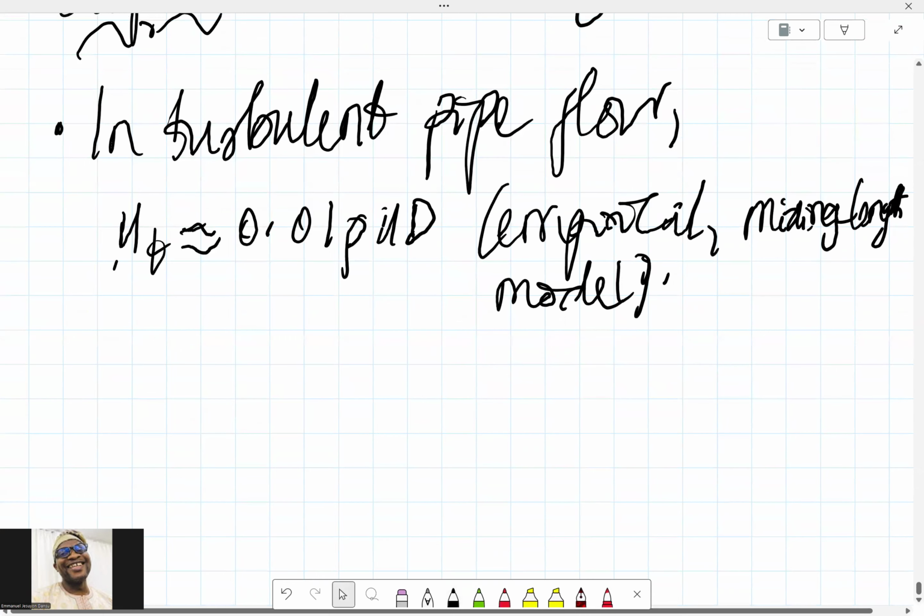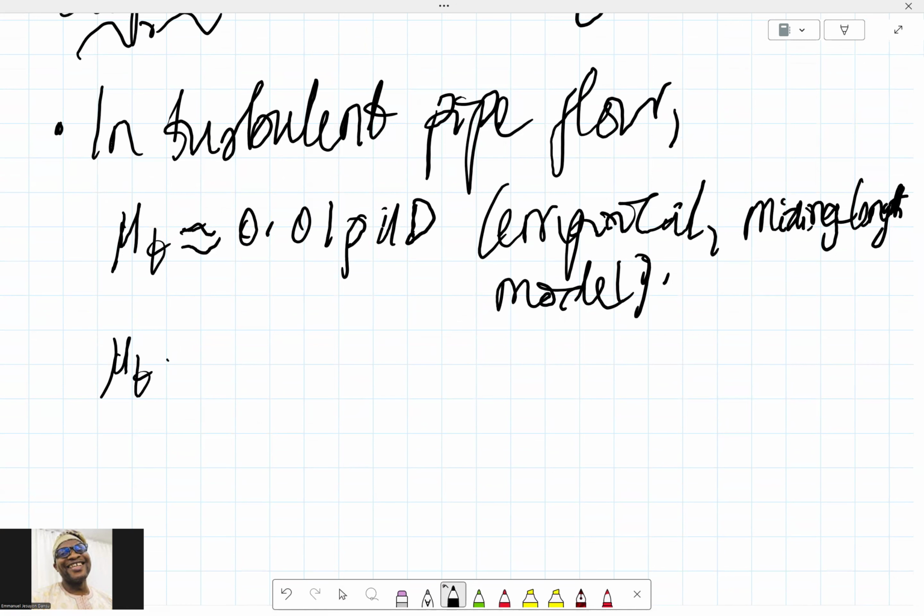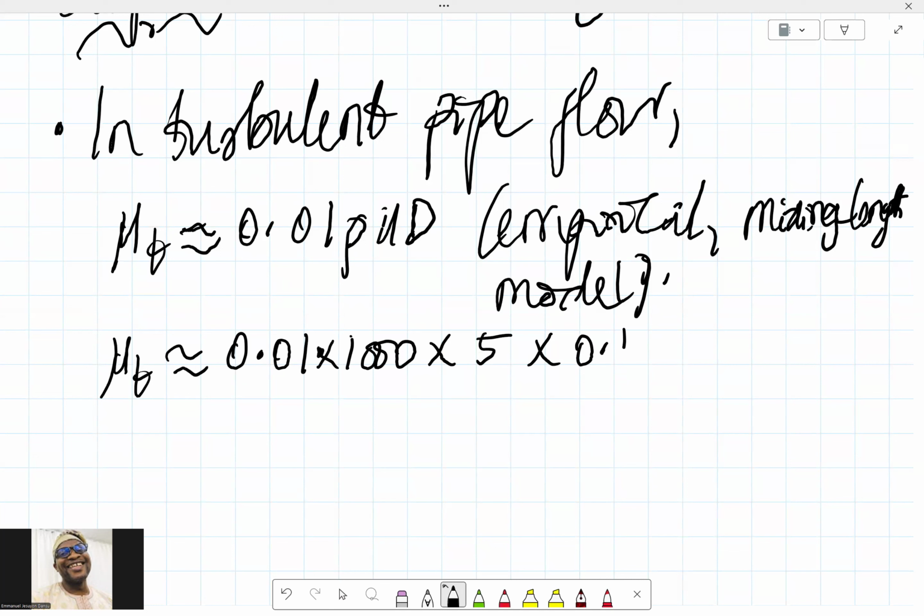So mu t is approximately 0.01 times 1000 times 5 times 0.1.